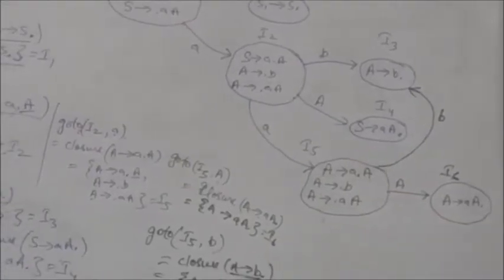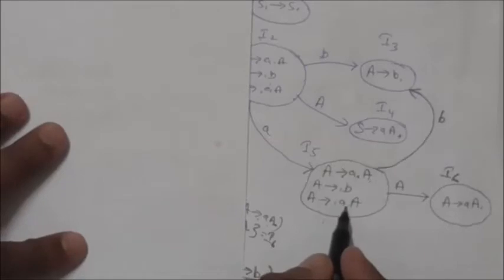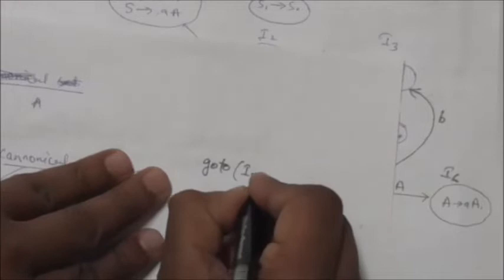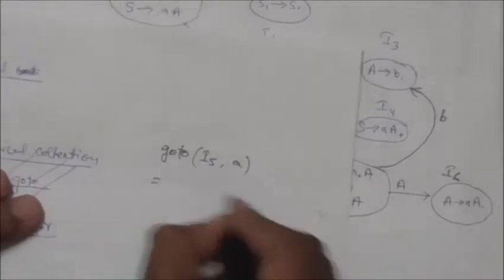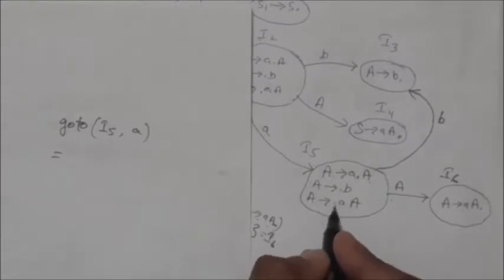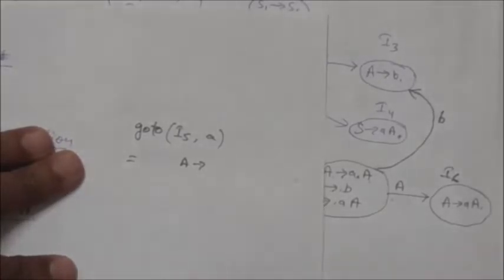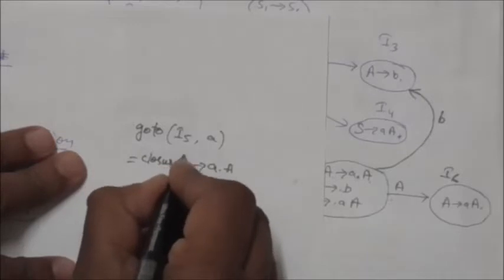Now we have to find the transition of state I5 for terminal symbol A. For that I need to evaluate this function, Goto I5 A. You can see in this item, dot is preceding this terminal symbol A, so this dot will be shifted to the right of terminal symbol A. Then we will get this item A derives A dot A, and now we have to find its closure.